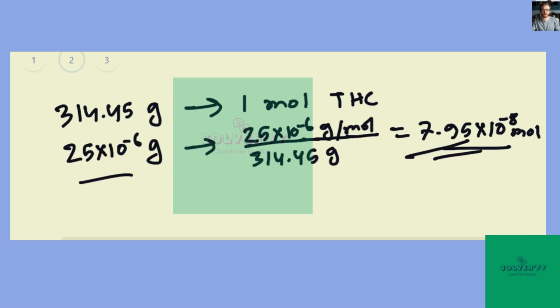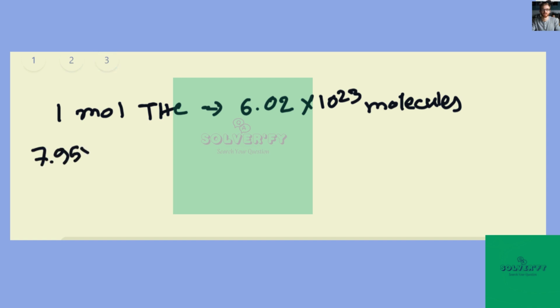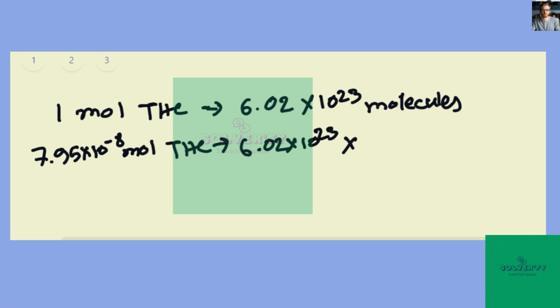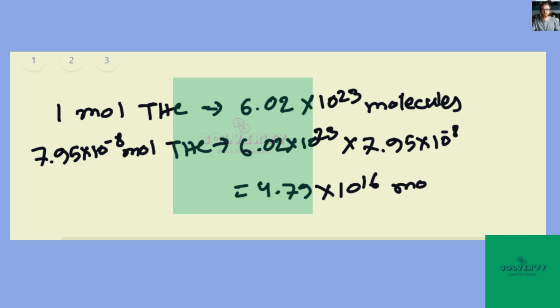Therefore, 7.95 times 10 to the power minus 8 mole THC contains 6.02 times 10 to the power 23 times this, and this will give us a value of 4.79 times 10 to the power 16 molecules.